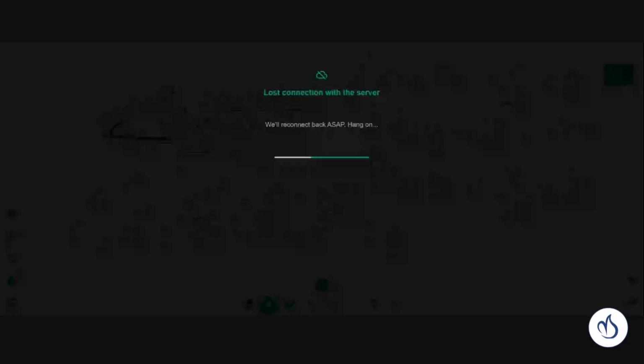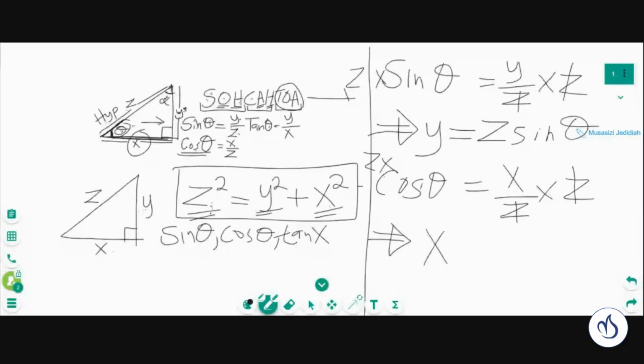So when I multiply Z on both sides, the Z cancels on this side, and I am remaining with X equals Z cos of theta.